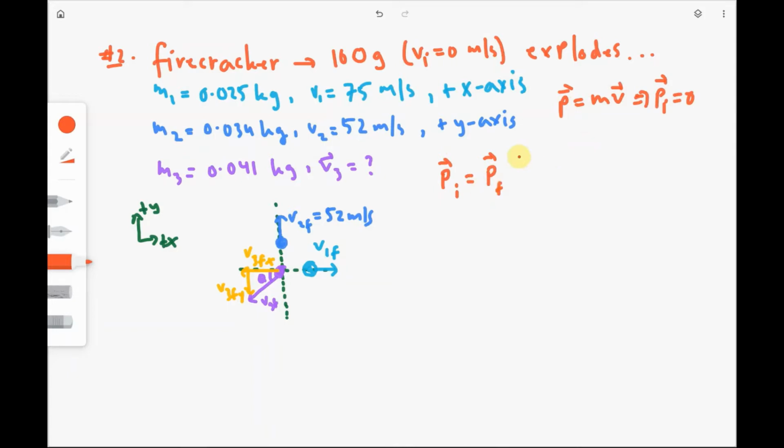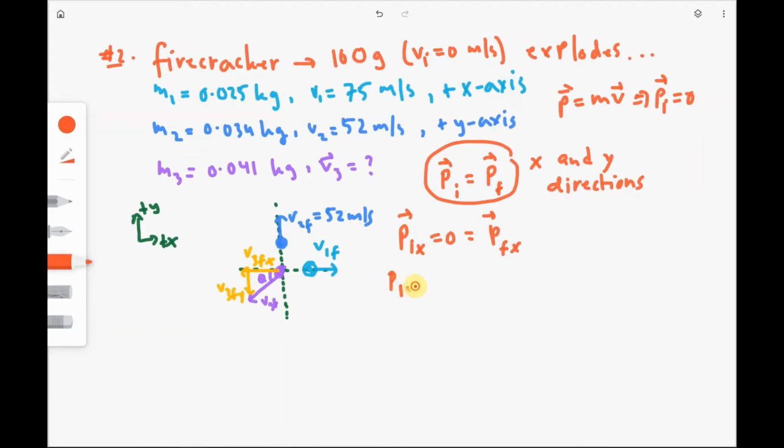And this principle of conservation of momentum must be satisfied in the x and y directions. Alright, so it must be satisfied in both directions independently. So that means we can say that since total Pi was 0, Pix was also 0, and that should equal Pfx, and these are both vectors.